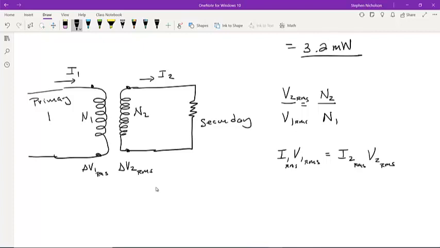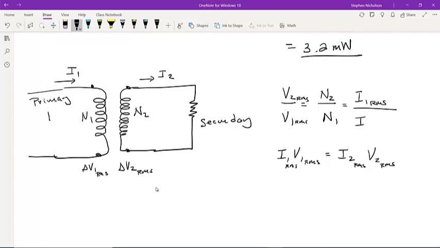So typically you're given 3 out of 4 things in both of these. You might be given the voltage 1 and the number of turns. You can calculate voltage 2. Then you could use voltage 2, current 1, voltage 1 to calculate current 2. And because of this relationship here, you can also relate the current to the number of turns, and it's the opposite of what it is here.